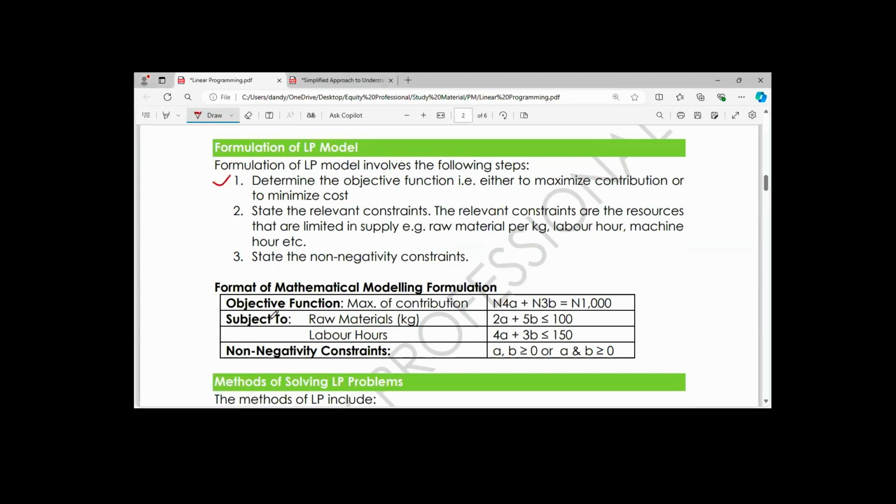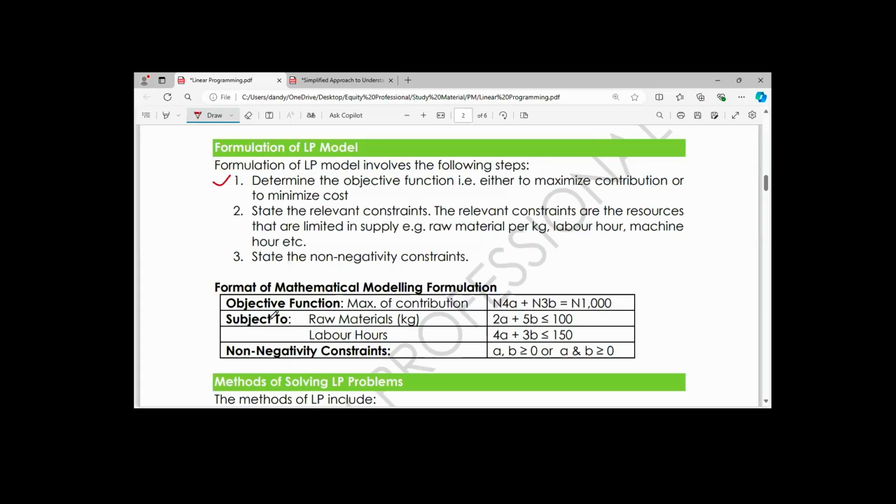Then the third procedure is to state all relevant constraints, okay? This is where you include all those factors of production that are limited in supply. For example, raw material kilogram, labor hour, machine hour, whatever the constraint in the question, it is under the constraints. You are going to list all of them, okay?